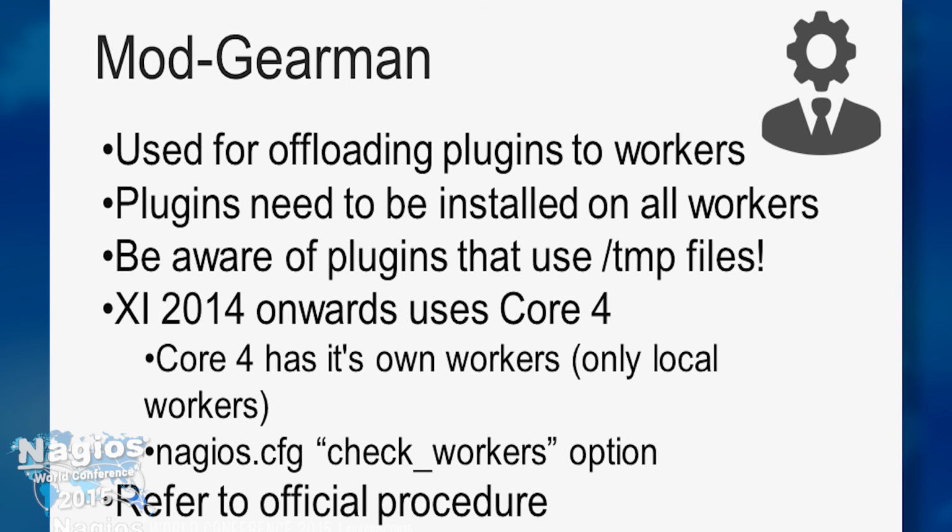And worker 2 doesn't have that temp directory. So it puts a new check result there, and then the next time it could be worker 3 that gets it. So it never sees this temp file, or it might be the 4th time when worker 1 gets it again. It might get the information and see it's in the temp file, but that's 4 checks old, or 3 checks old.